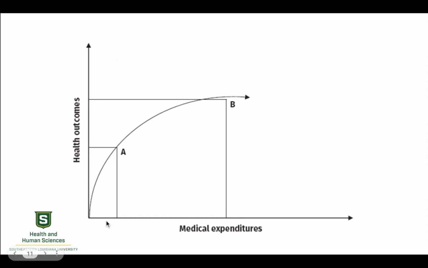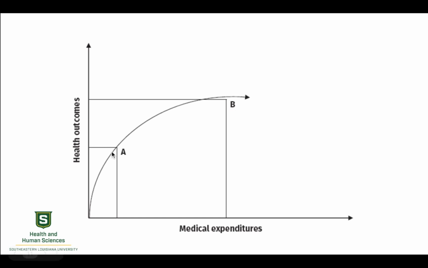With the A, you have a situation whereby with this curve, the more you spend on medical expenses, the higher the health outcome. However, at this point, A is the sweet spot, whereby you have high health outcomes and low expenditure.